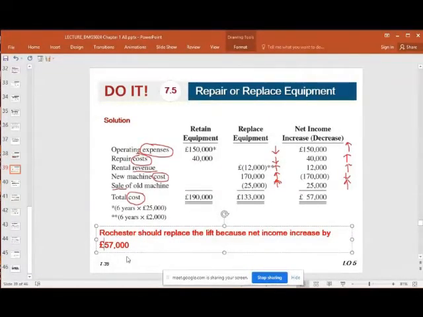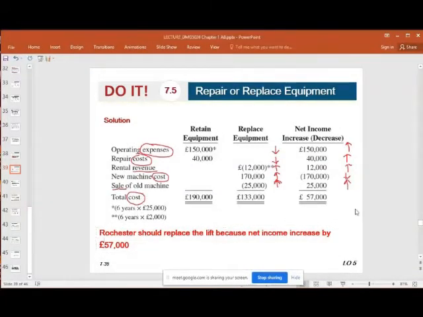Other decisions actually split them out, income in one portion and cost in another, but this one is all lumped together. So be very careful with the calculation. And always remember, repair or replace, you get total cost at the bottom. Okay, any question?